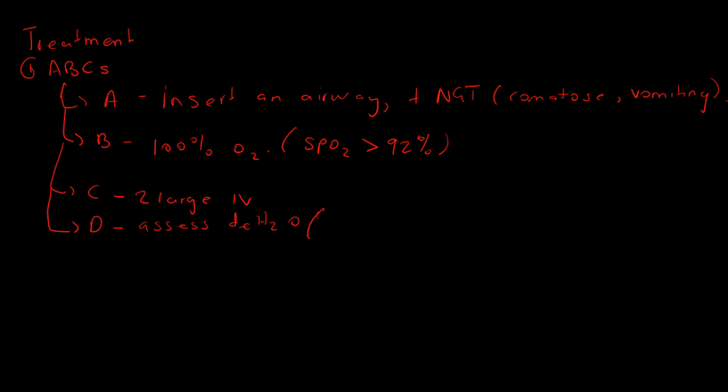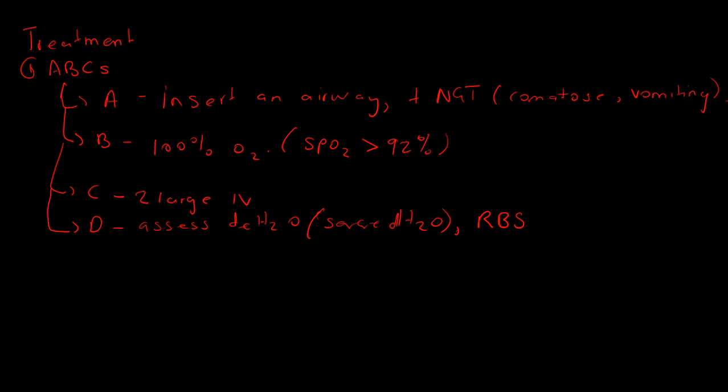But in most cases, like I said, we're going to be having severe dehydration in the case of diabetic ketoacidosis. Now, after you've assessed the level of dehydration, you also want to look at your RBS. Remember that your RBS is more or less going to be greater than 11.